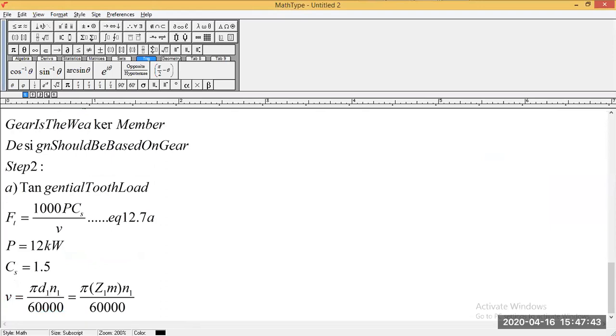So this is not D1, it is D2, and not N1, it is N2, because the design is based on the gear, right? So instead of D2, you can write Z2, and here you write MN.